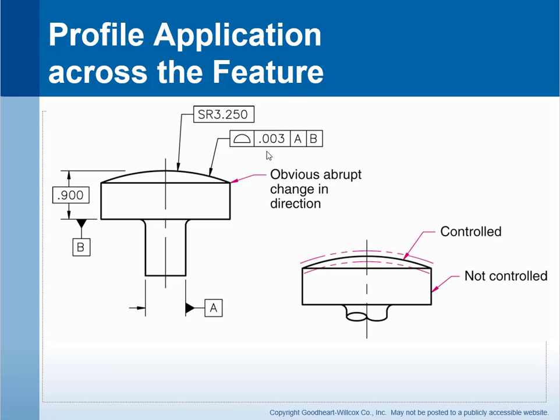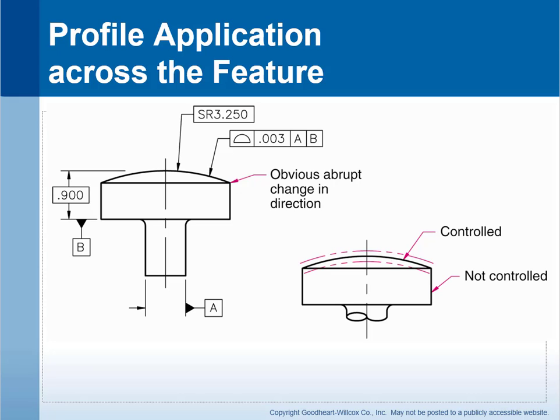This means that this profile of 3 thousandths applies over this entire surface. The entire surface is defined as the surface between these two obviously abrupt changes in direction. We got one right here, and then we got another one right here. So without any modifiers, that's how it is applied.